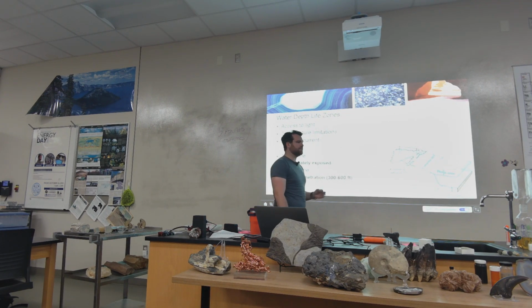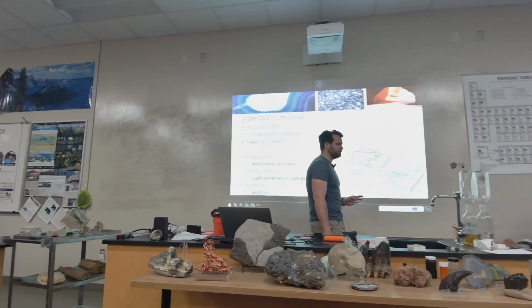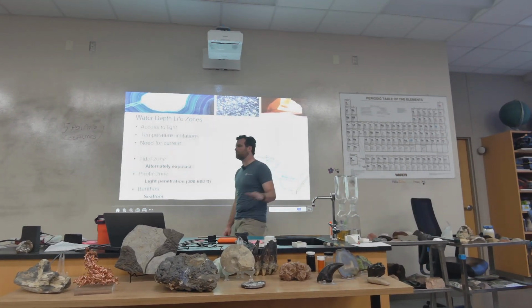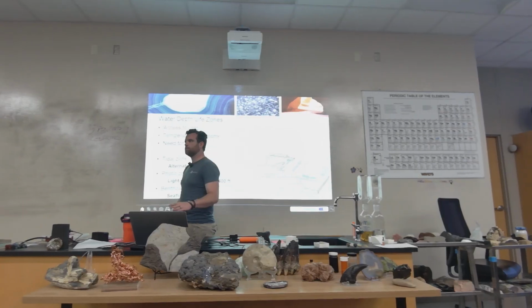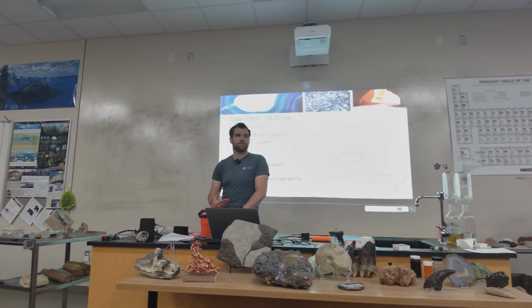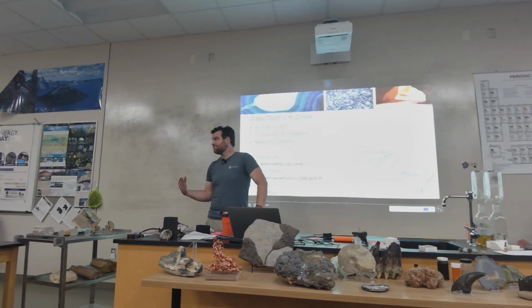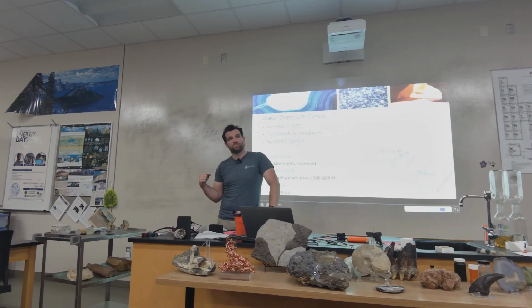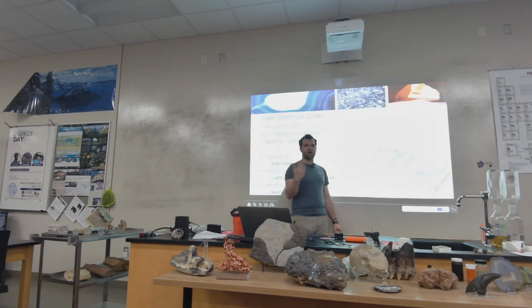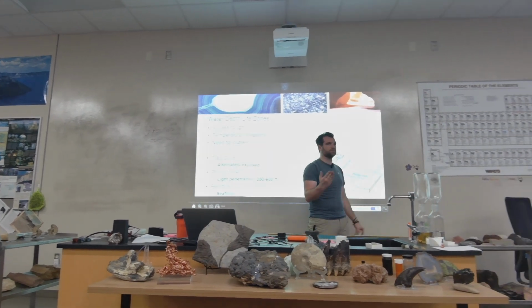Access to light is a huge factor in the food chain. Why? What's the bottom of our food chain up here? Plants and microorganisms that do what? What do plants do? They photosynthesize. If you live at the bottom of the ocean, can you photosynthesize?